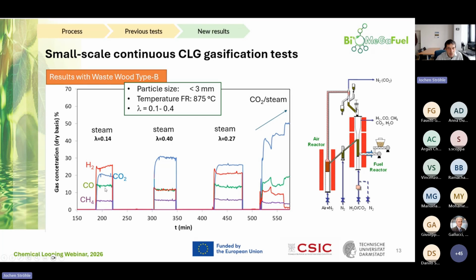At a low lambda, we have high hydrogen and CO. When we increase the lambda, this decreases quite a lot, and for the intermediate stage, it's more or less in between.